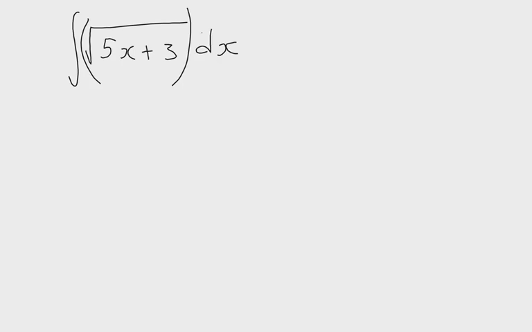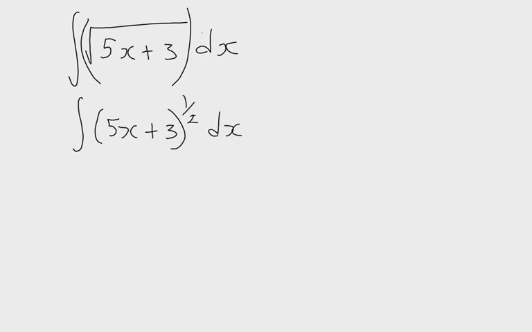Now look at the integral of the square root of 5x plus 3 dx. Now here, let's take note that this can be written as 5x plus 3 to the power of one half dx.